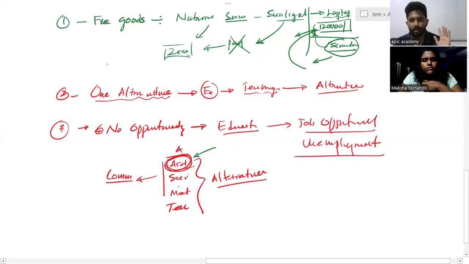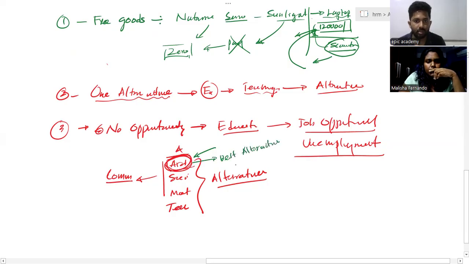I can do art because my mind and other things are related to that subject. So then this is the best alternative. Now, this best alternative becomes the opportunity cost. We are not going to consider those other three alternatives. We call them alternatives. This is the best alternative. The best alternative becomes the opportunity cost.